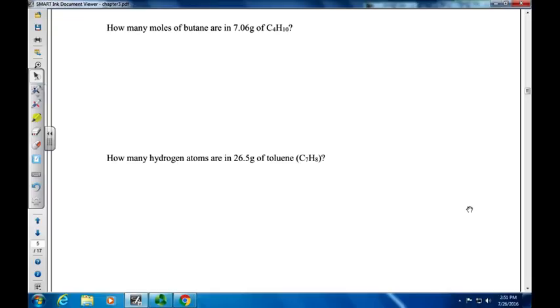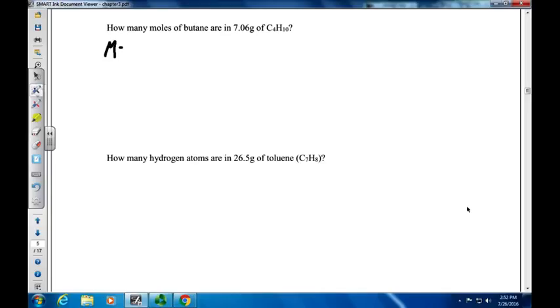So we start off by determining the mass of carbon and the mass of hydrogen. Well, we were just given that before. We know them to be 12.01 grams per mole and 1.008 grams per mole, respectively. So let's skip that step for now, and go ahead and calculate the molecular mass of butane.